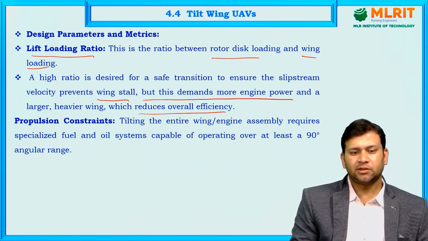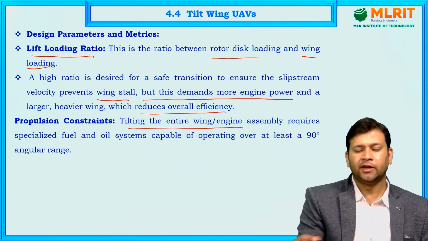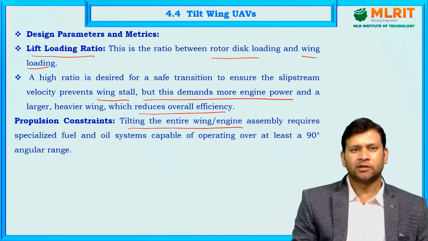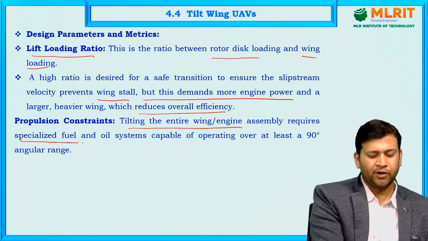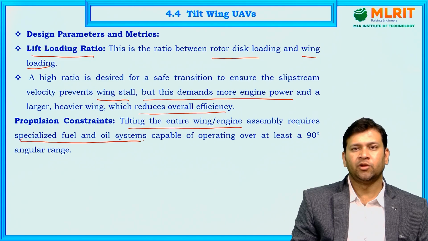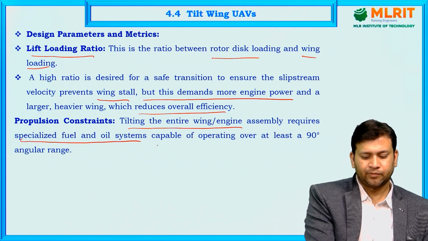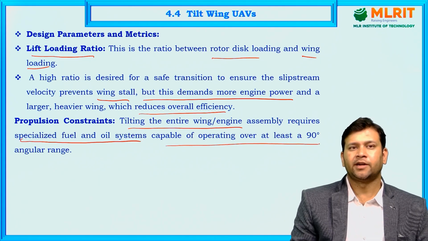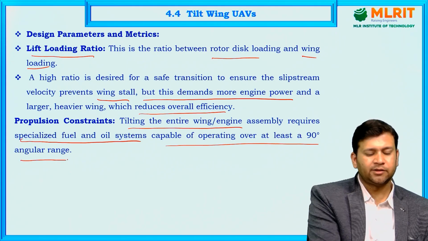Propulsion constraints. Tilting the entire wing and engine assembly requires specialized fuel and oil systems capable of operating at least across a 90 degree angular range.